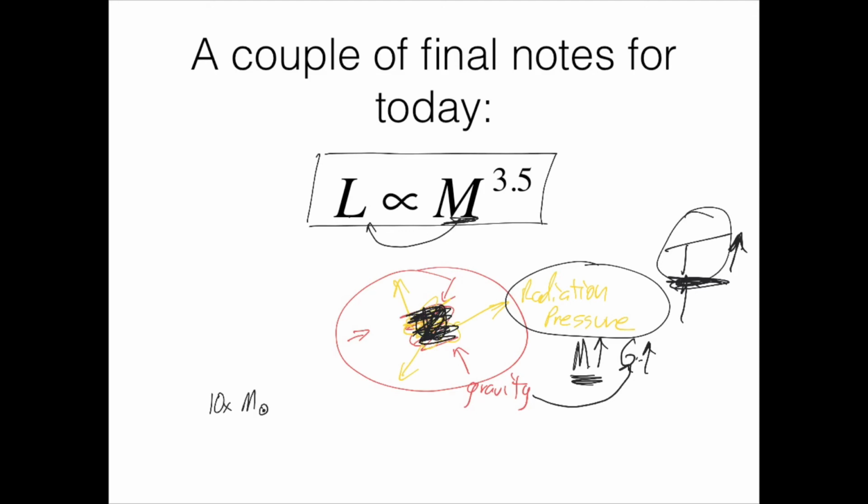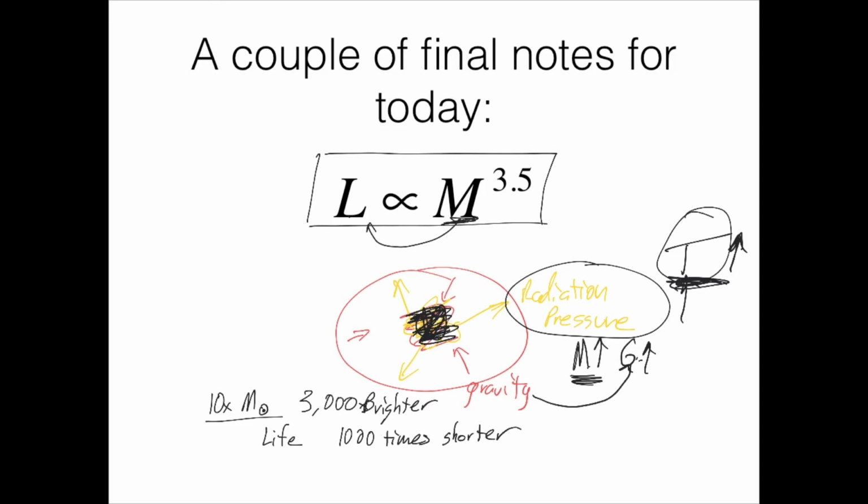That's the symbol for the sun we talked about before. So one that's 10 times the mass of our sun will be about 3,000 times brighter. But in order to be 3,000 times brighter, it's going to be burning off that mass. And so therefore, its lifespan will be about 1,000 times shorter.